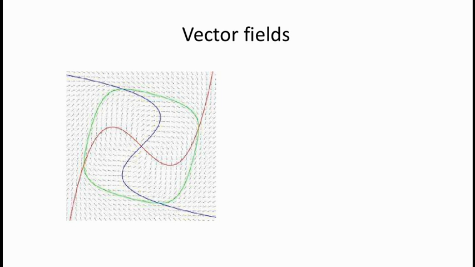So let me formulate the basic question of integrating a dynamical system. First of all, what is this about? Suppose we have an equation of the form x dot, which means dx/dt, equals b of x, where b of x is a vector field. You all know what a vector field is, right?